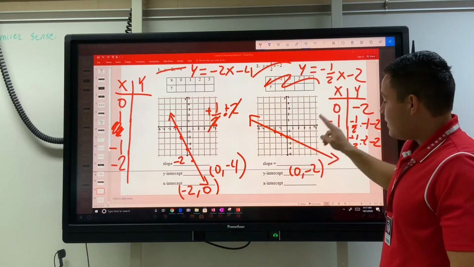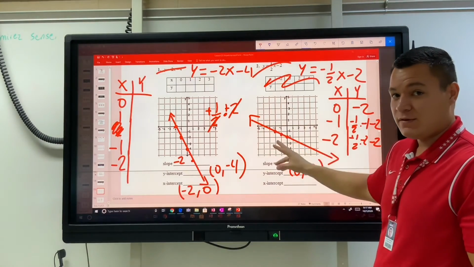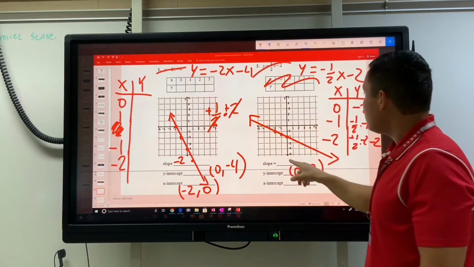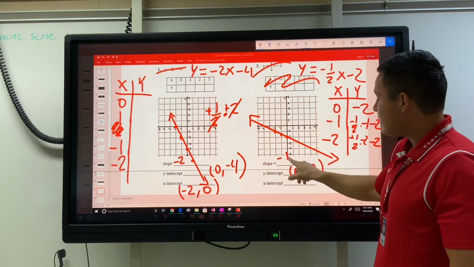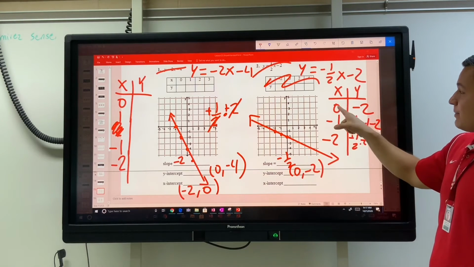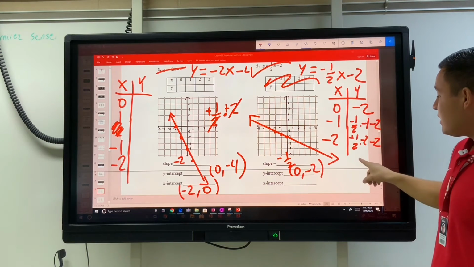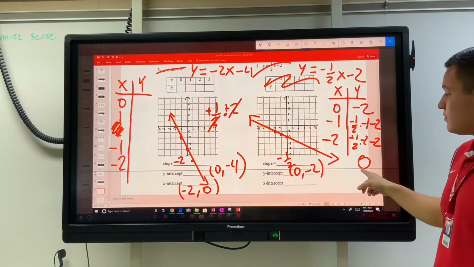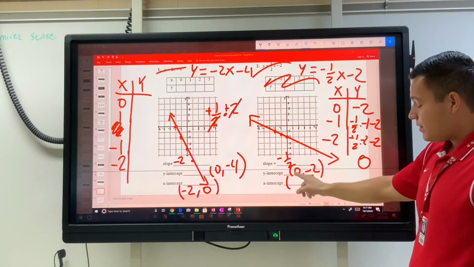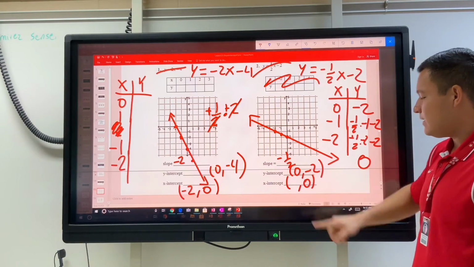And this is why it's super important that you make your line straight and you make your graph with an even scale. Because the slope is -1/2, but the y-intercept happens whenever x is 0. Did I plug in any number that ever made y 0? Because the y-intercept happens when x is 0, the x-intercept happens whenever y is 0.